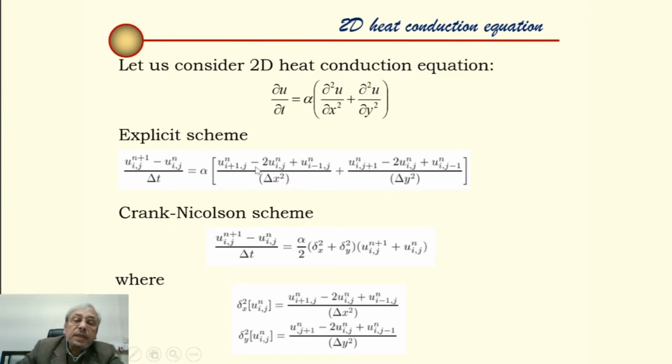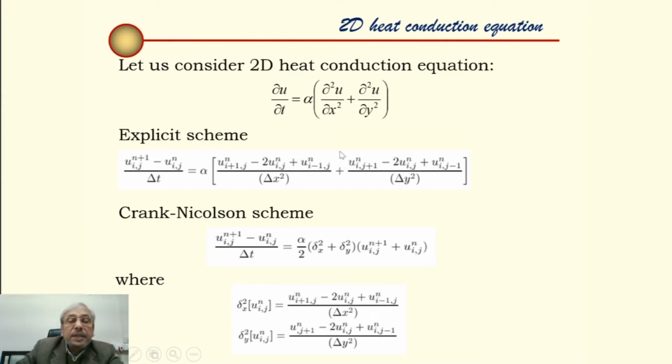This is central difference in x direction, and this is central difference in y direction: uij plus 1 minus twice uij plus uij minus 1, all at nth level. Again, u signifies temperature and alpha is the thermal diffusivity.